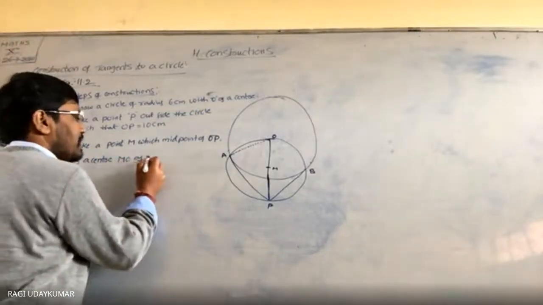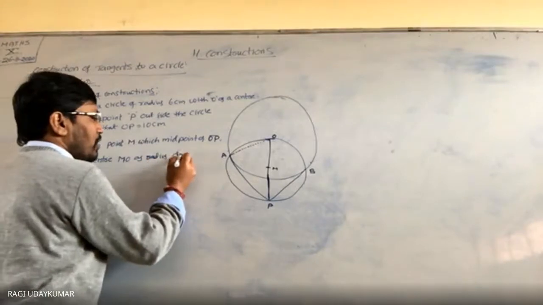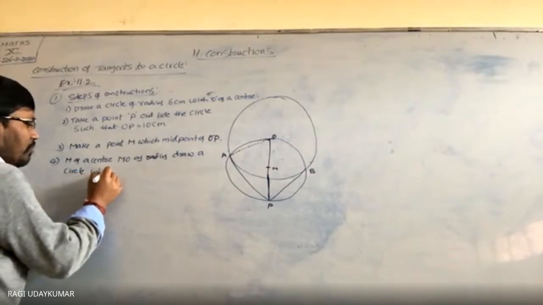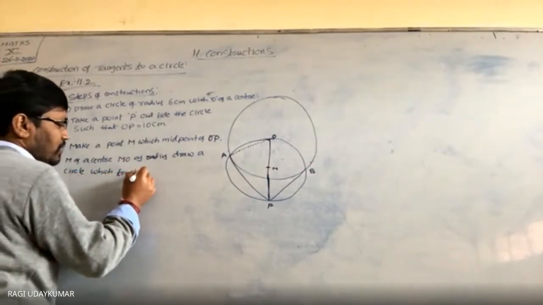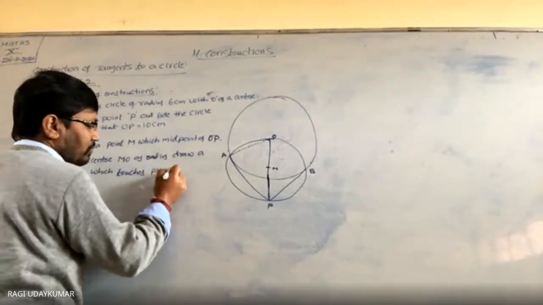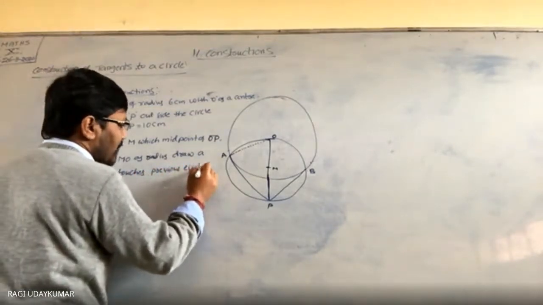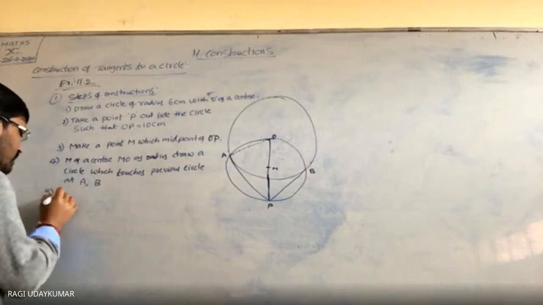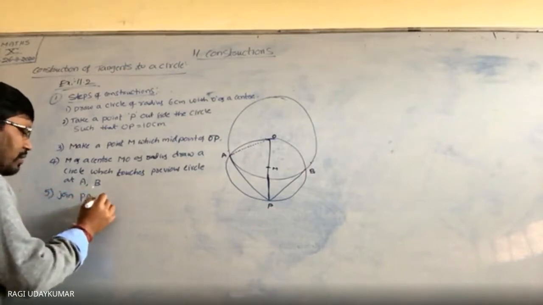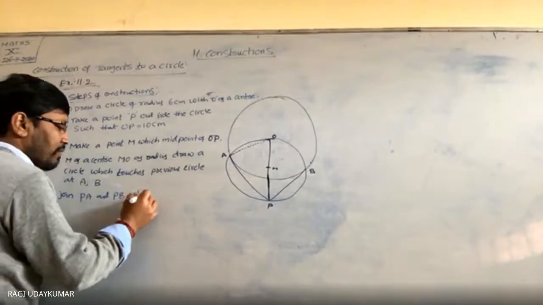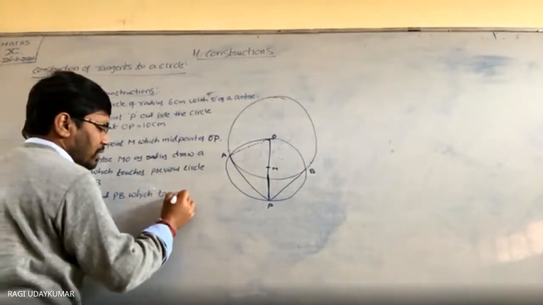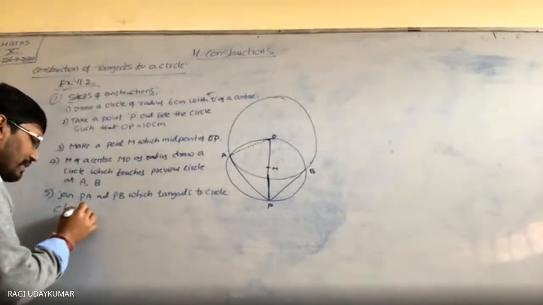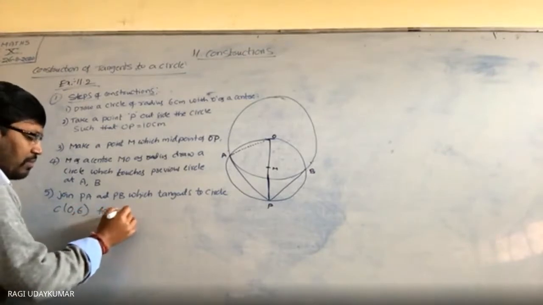M as center, MO as radius, draw a circle which touches the previous circle at A, B, two points. Fifth, join PA and PB, which are tangents to the circle C with center O and radius 6 centimeters from P.